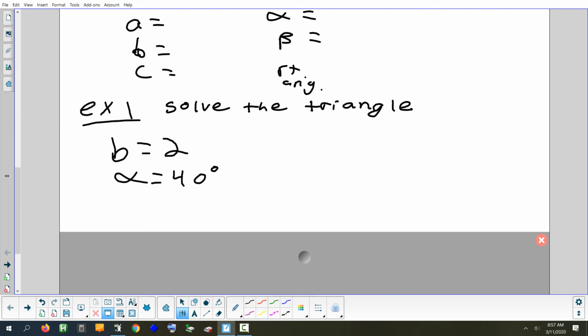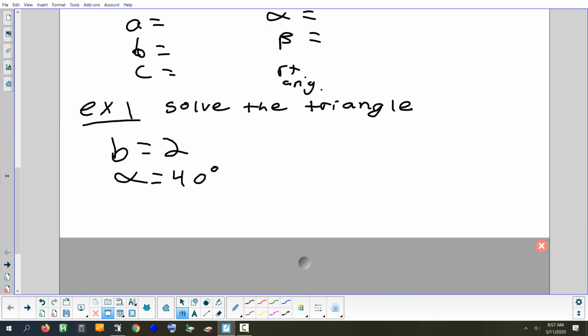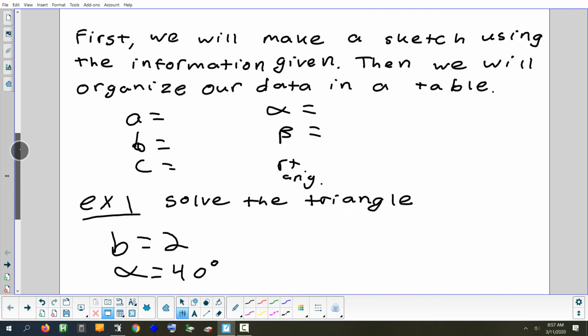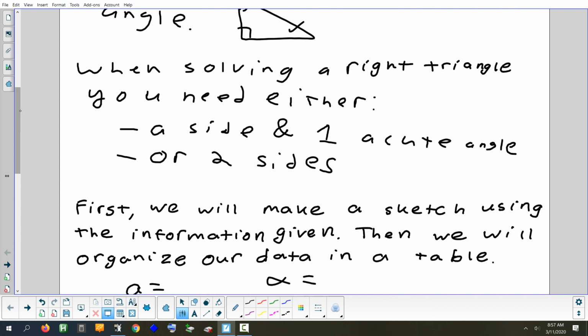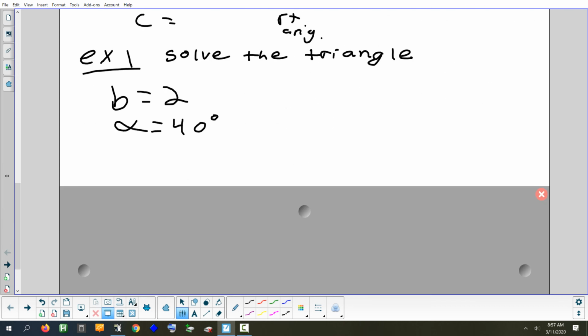Okay. So solve the triangle. This is the first case. So I said to you there's really 2 cases. I'll give you a side and an angle, or I'll give you 2 sides. Well, I'm telling you a side and an angle.